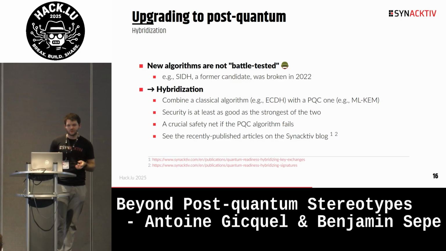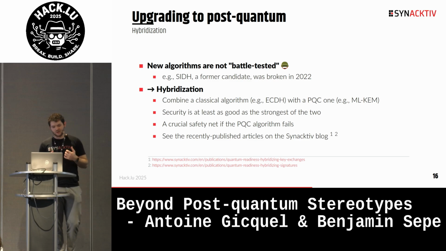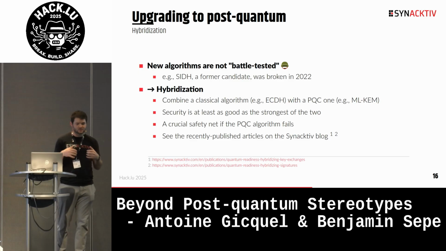So cryptographers are still scared that a new attack could arise on one of the algorithms that I presented in the previous slide. To counter this scary thought, they came up with hybridization, which is a way to combine a classical algorithm with a post-quantum secure one, so that the combination of both is at least as good as the strongest one.